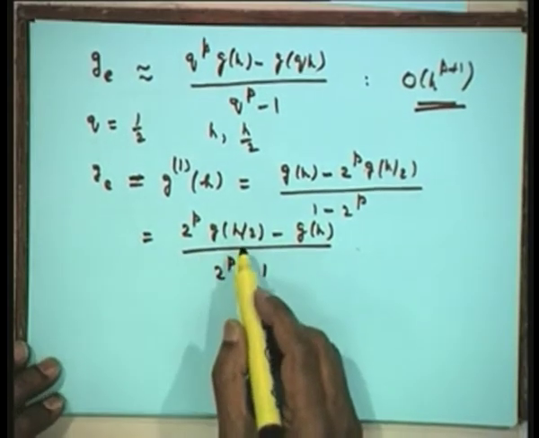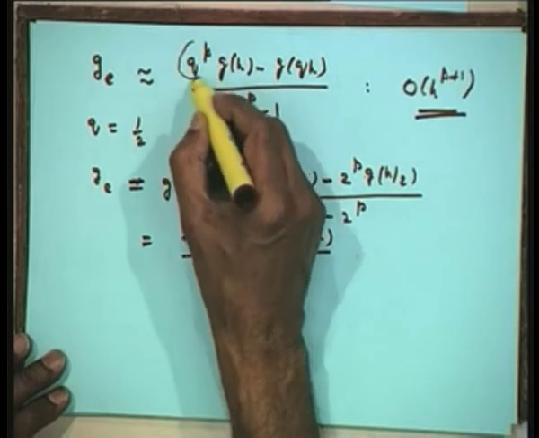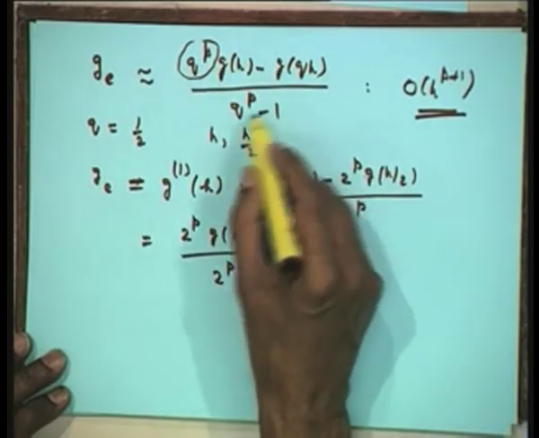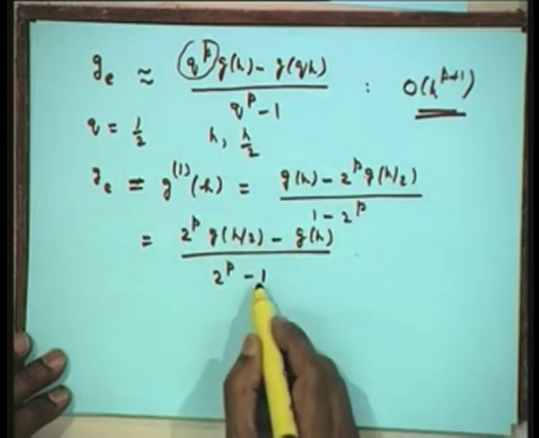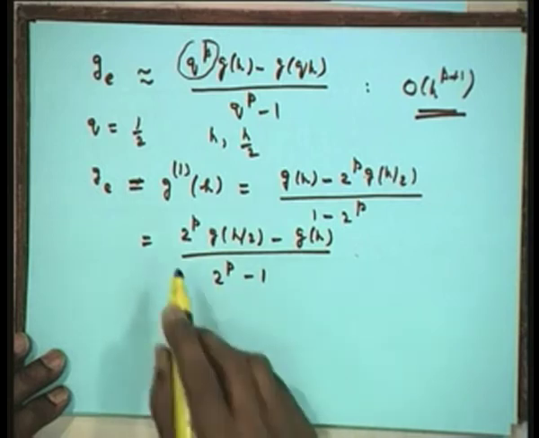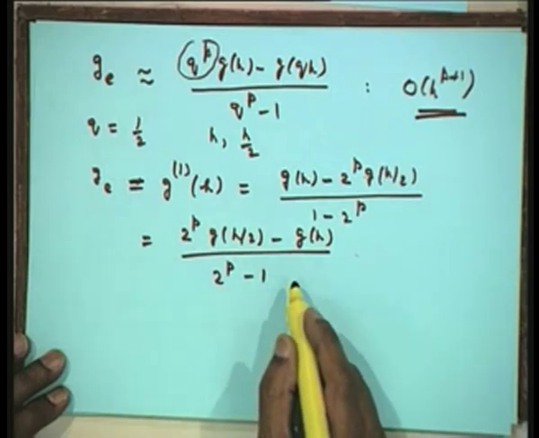Now, you can see the coefficients, if you look at the coefficients in the numerator, 2 to the power of p and minus 1, the denominator is 2 to the power of p minus 1. The denominator is just the sum of the coefficients in the numerator in this formula. This is called the Richardson extrapolation formula.